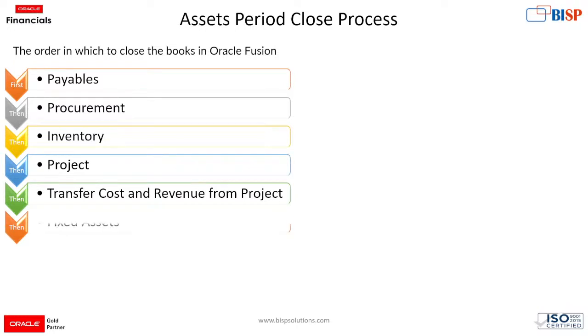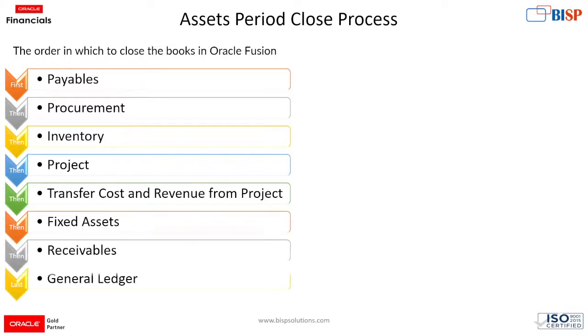Here is the order in which to close the books in Oracle Fusion. Close payables before procurement. This is done to take into account purchasing accruals at the period end, to accrue the expenses on uninvoiced receipts. Close payables before closing inventory.